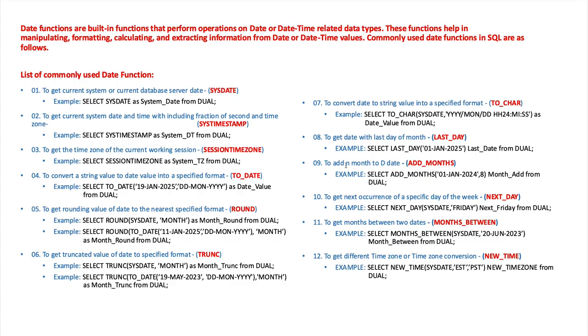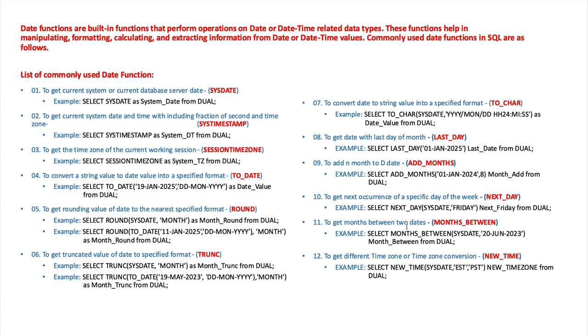Ninth, to add n months to a date, we use the add_months function. 10th one is to get the next occurrence of a specific day of the week, we use the next_day function. 11th one is months_between.